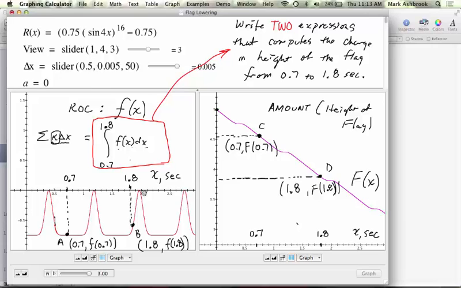So then to get the change for this one, you have to multiply 1.8 and small f of 1.8, then take away small f of 0.7 times 0.7. Actually, I didn't hear the beginning, can you start over?